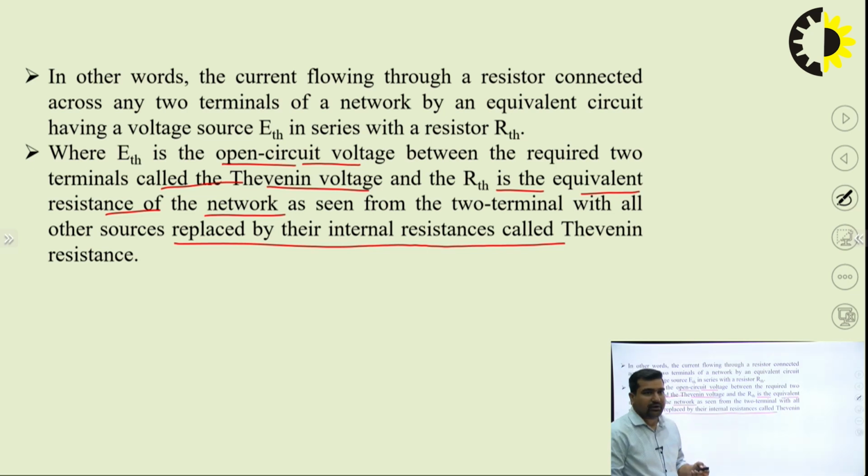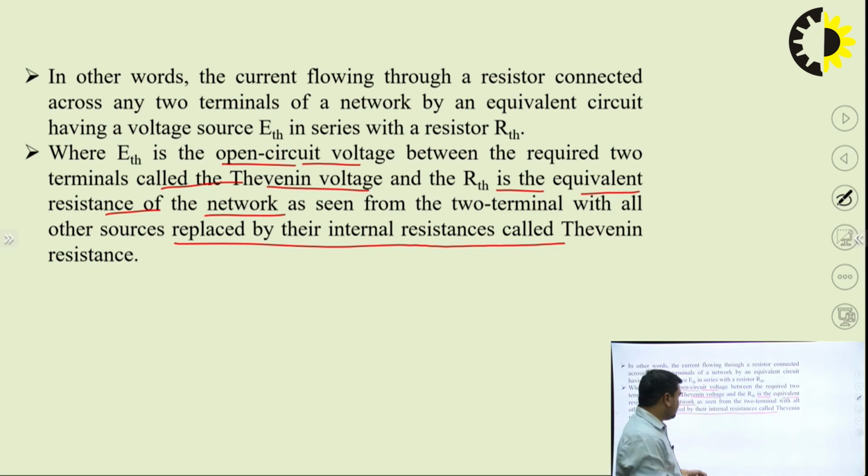If we have a voltage source in the circuit and we are going to calculate the Thevenin resistance, or equivalent resistance, then first of all we have to deactivate all the independent sources. Here the word is independent sources only. We can deactivate independent sources only, not the dependent sources.